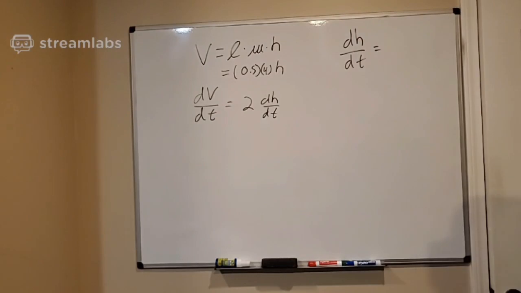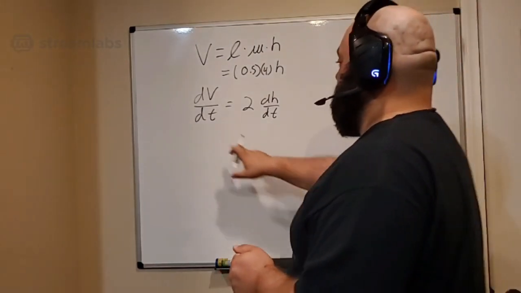So how fast is the water coming in? You've got to solve for that using this. So it's at what, 6? And remember, dV/dt is equal to W prime of t.